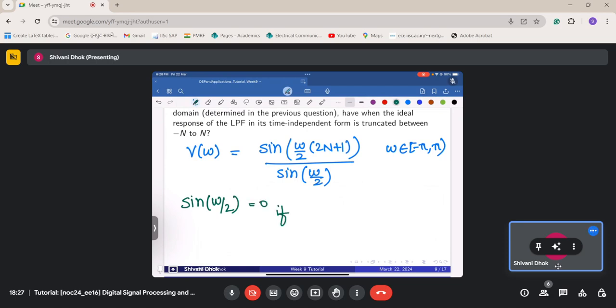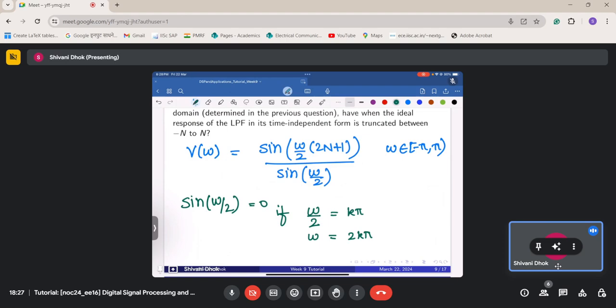if omega by 2 is equal to k pi, right? And this omega should be equal to 2k pi.